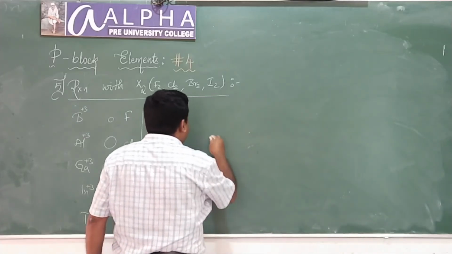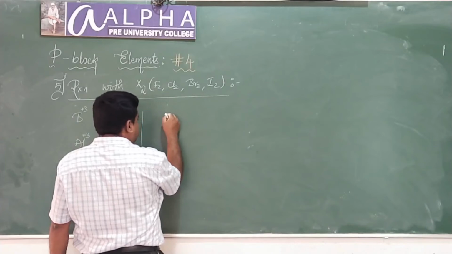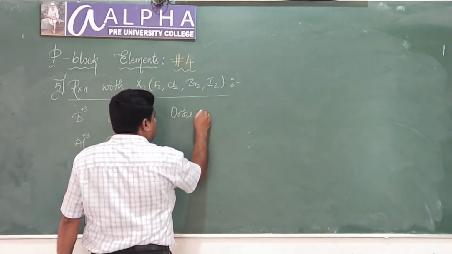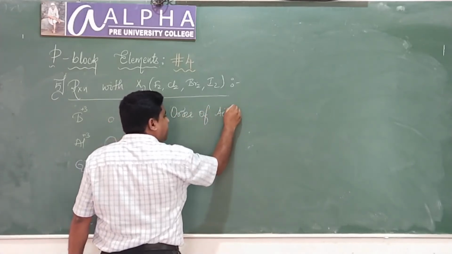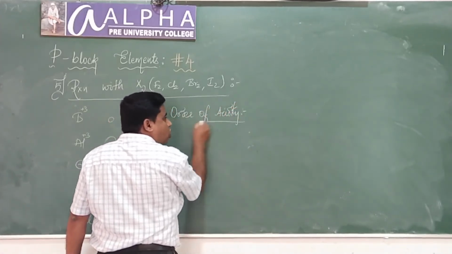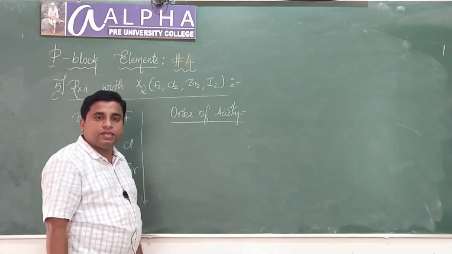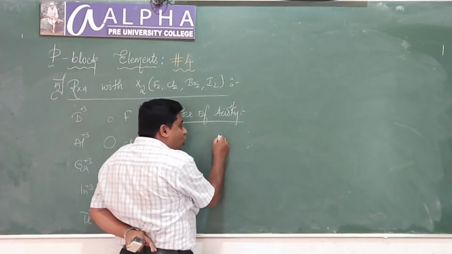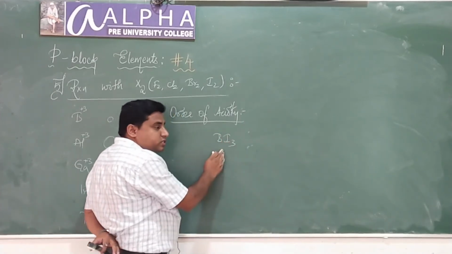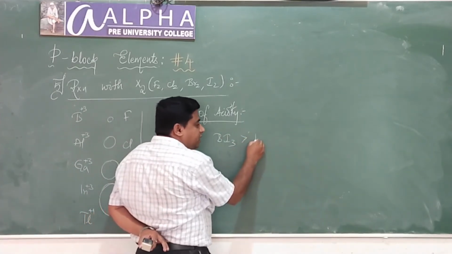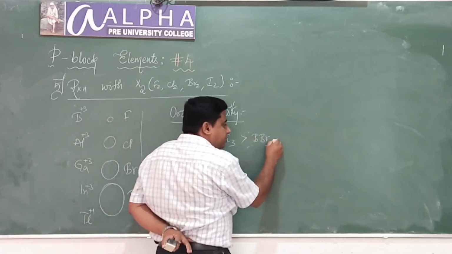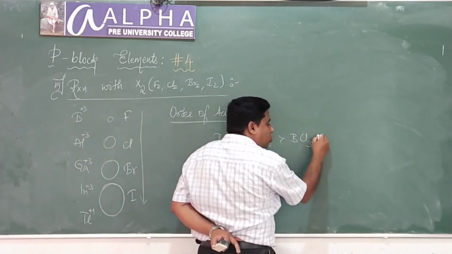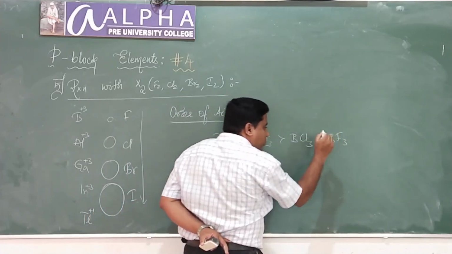If I consider the order of acidity, look here: boron triiodide seems to be a strong Lewis acid, then boron tribromide, then boron trichloride, and then boron trifluoride.